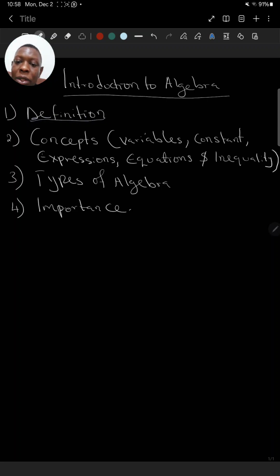Okay, so when they ask you the next time what's algebra, just in a layman's term say it is the use of symbols to stand in place for numbers or quantities.